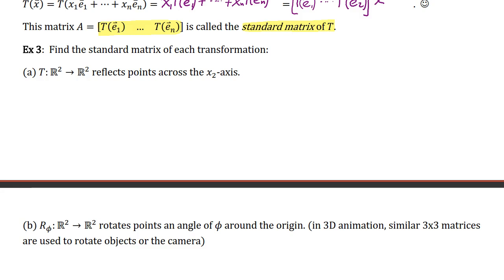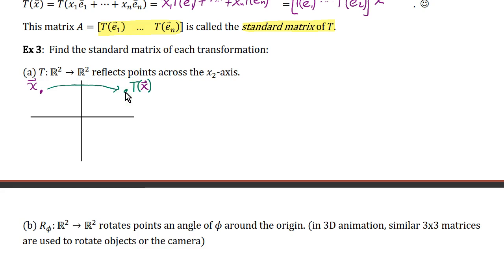So for this one, T from R2 to R2 reflects points across the x2 axis, which means if you take a point anywhere, the output is going to end up on the opposite side of the x2 axis, the same distance away. It should still have the same x2 coordinate because it just moved along the same height, but the x1 coordinate should be the opposite.